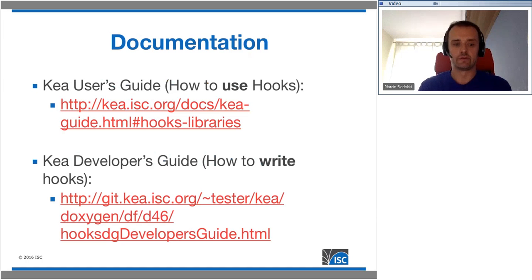And there's the Kea developer's guide that will teach you how to write your own hooks, and that also includes detailed information and explanations about the user check library, which is currently the only hook library that we ship with the Kea source code. This user check library will also be used during this webinar as an example. So anything that is not covered during this webinar due to time constraints, you're going to find in those locations.